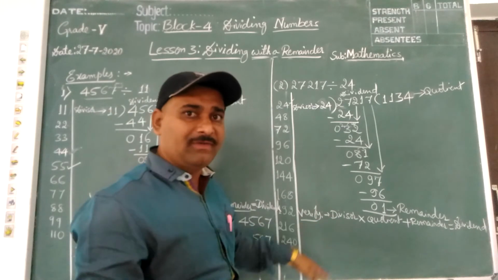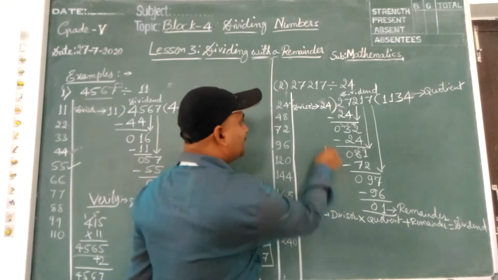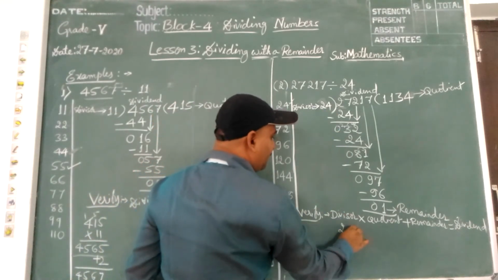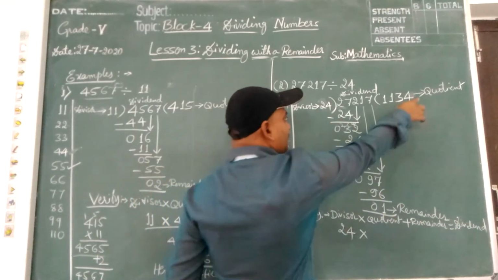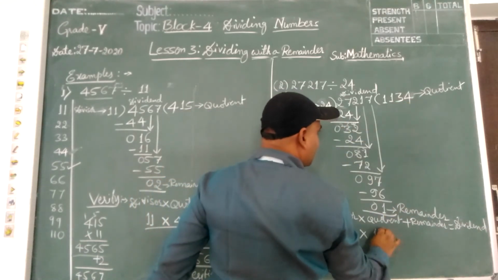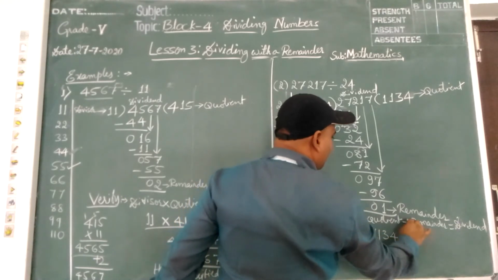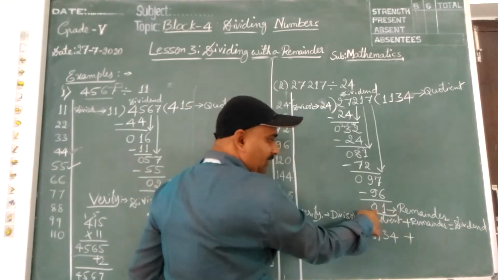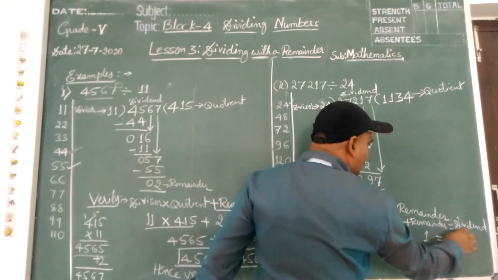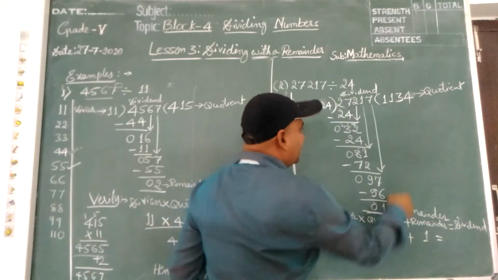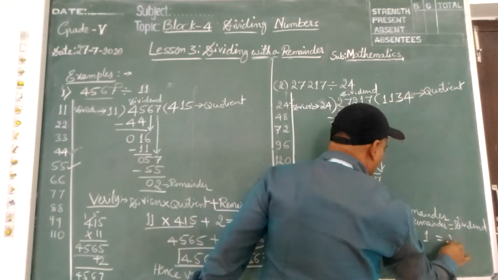So substitute values. Divisor, how much? 24, no? Divisor 24 into quotient 1134 plus the remainder I got just now, 1.